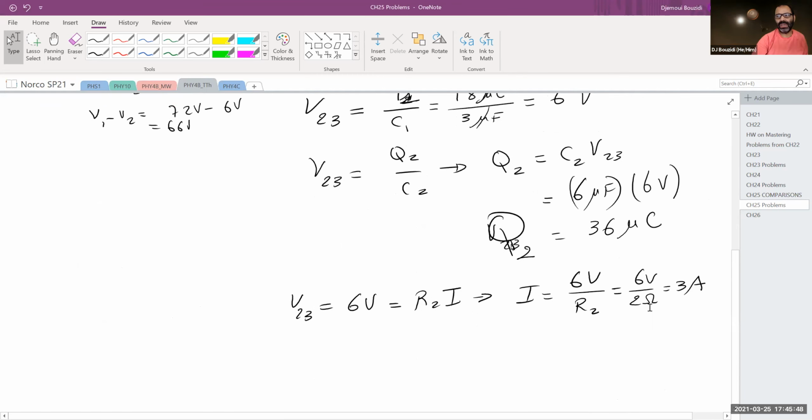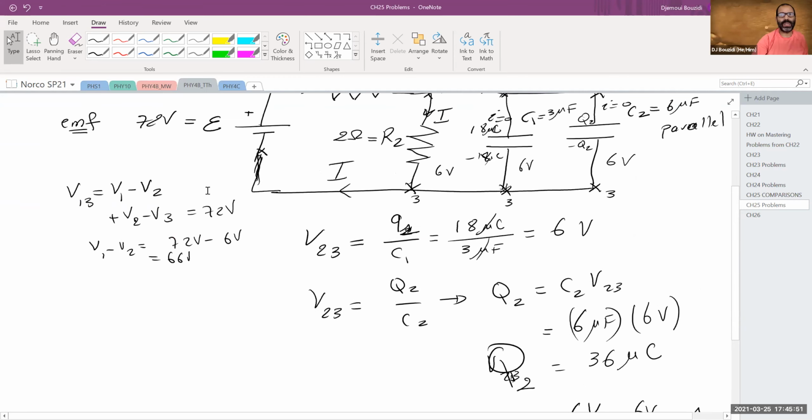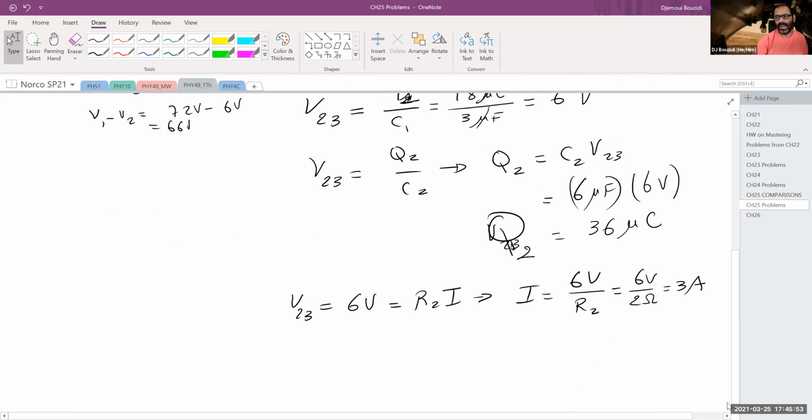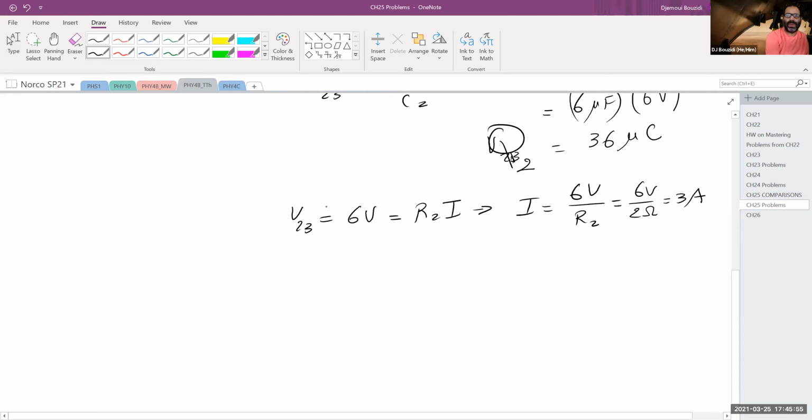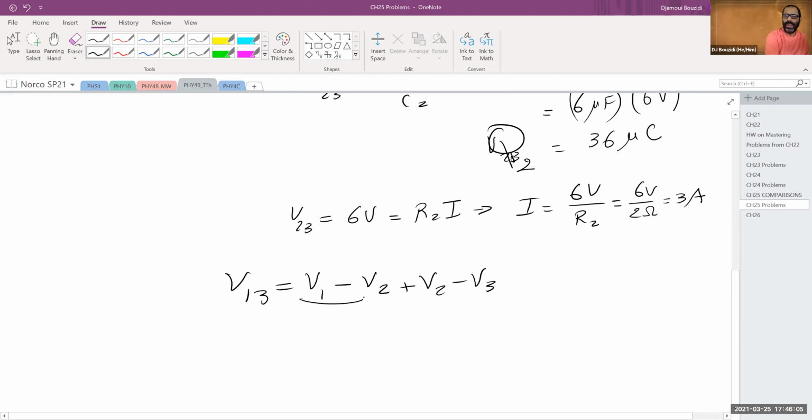So the last thing in here, since I know what this current is, is to go back to this expression that I was writing and say the following. The voltage drop between 1 and 3, I wrote that one, so I'm going to write it one more time just to see it: V1 minus V2 plus V2 minus V3. This is V12, and this is V23.